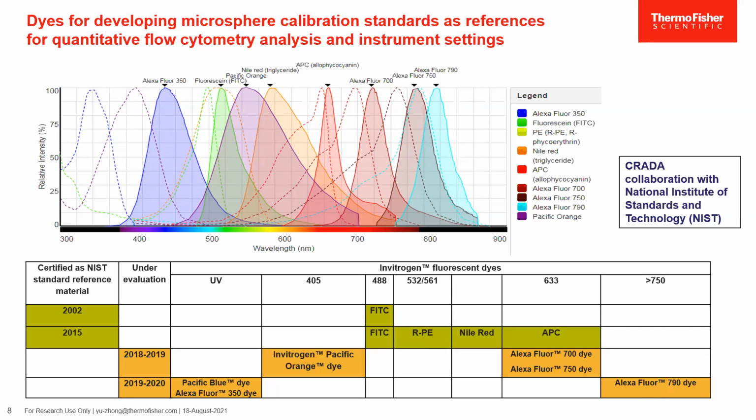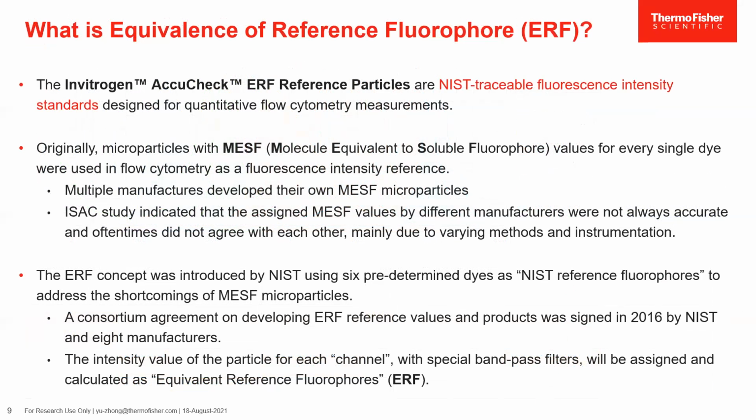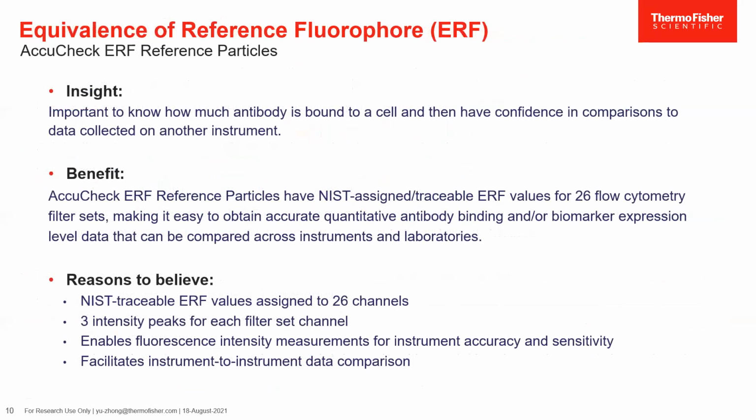Let me talk about this quickly. We load this dye into the microspheres, and the scientists at NIST help us assign the so-called equivalent of reference fluorophore value to the nanoparticles and microparticles.